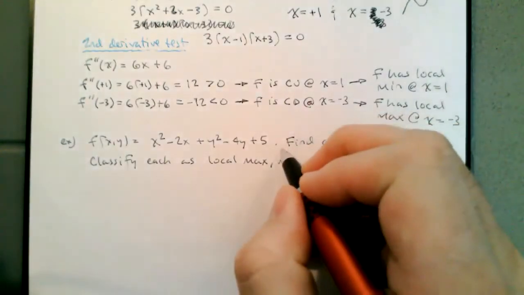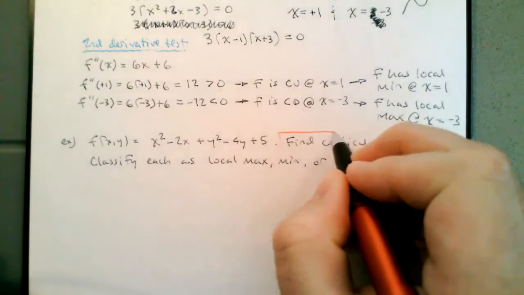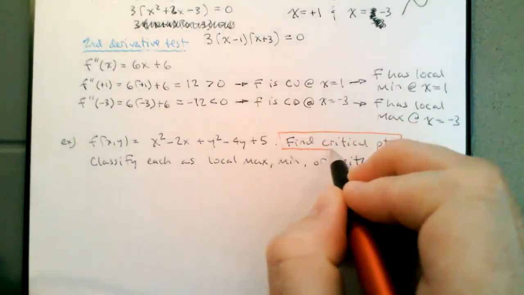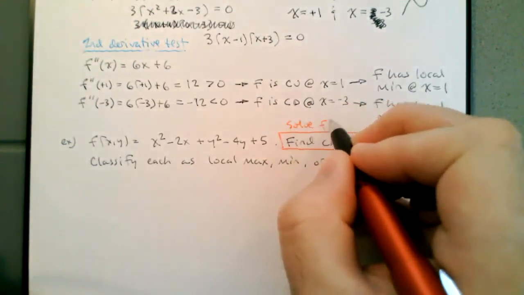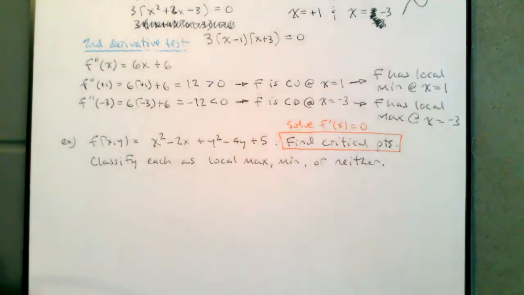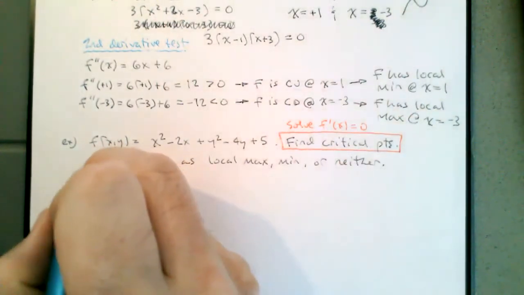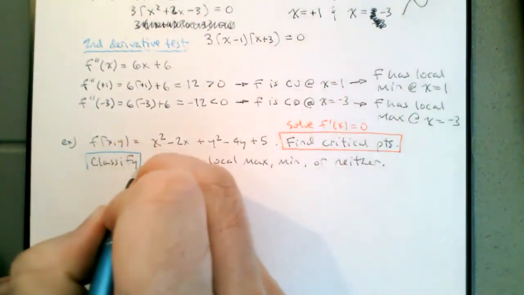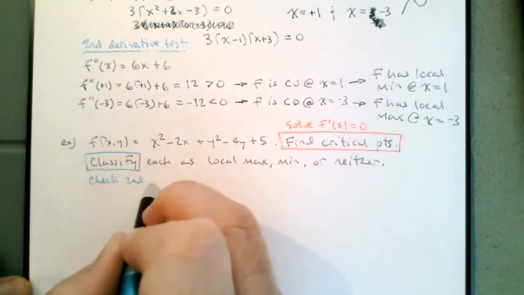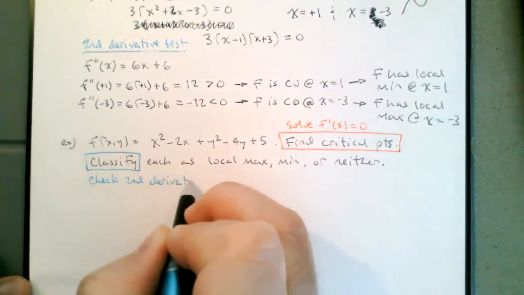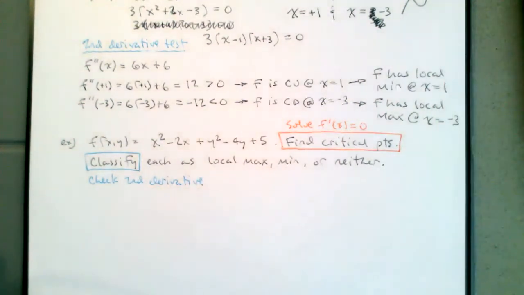Find the critical points is set the first derivative equal to 0 and solve. And then classify as a matter of checking in the second derivative. Let's see how that would look in this function of 2 variables.